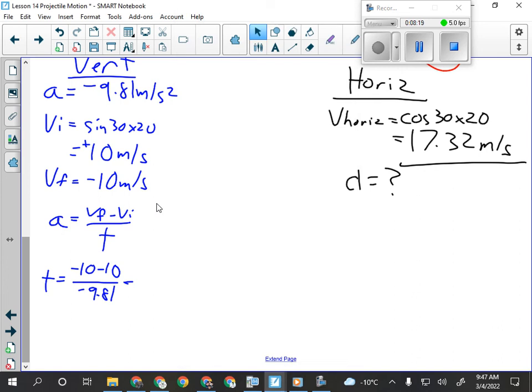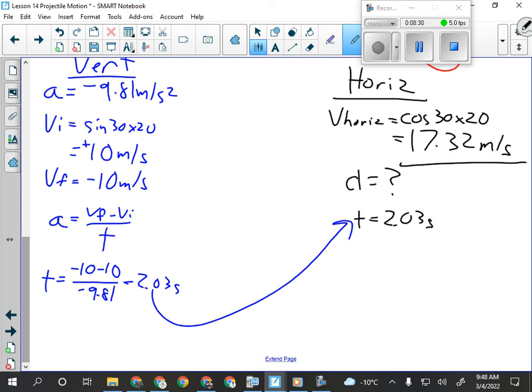That's the one number, just like in the other ones, that can go across and be used on both sides of this. It's the only thing they share. So now I can say D equals V times T. 17.32 times 2.03.